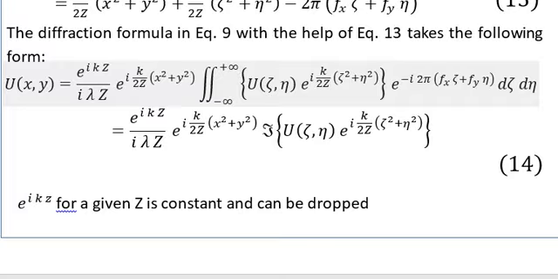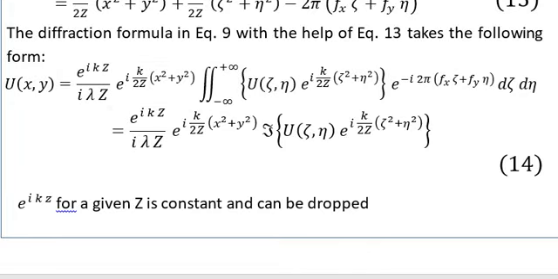On the left-hand side we have e to the power iota k over 2z multiplied by x square and y square. This is another quadratic term, which is connected to the output plane. And if you identify this integral within the curly bracket and the other terms outside the curly bracket, you will see that this double integration gives you the Fourier transform of what is contained within the curly bracket.